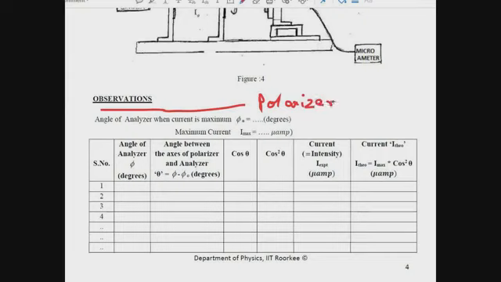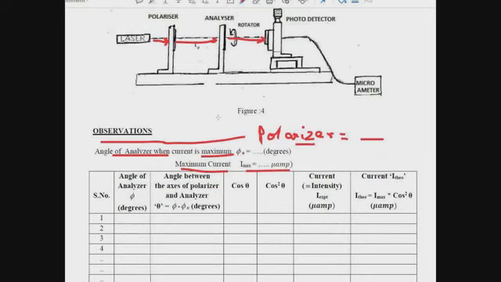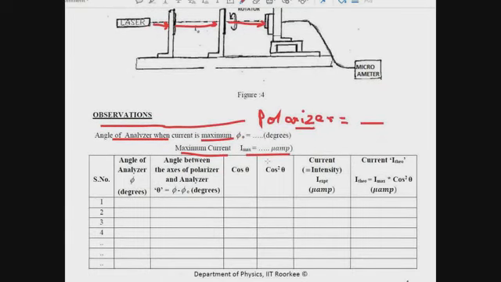Sorry for the bad handwriting, but this is how we will write down the polarizer angle, whatever angle we have. Then the angle of the analyzer when current is maximum. And then the maximum current when I am lifting both these two. My light is coming from here, polarizer, analyzer, and then photodetector, usually a selenium photocell. And I will note down the maximum current.